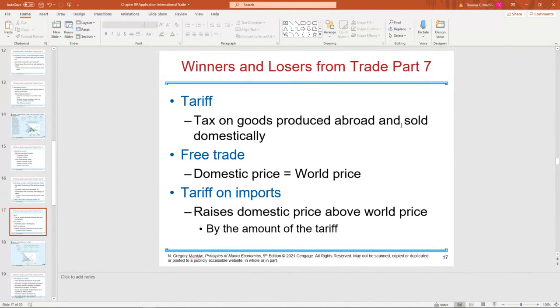A tariff is a tax on goods produced abroad and sold domestically. So things coming in. And that one protects American suppliers because it allows some more to participate in the marketplace. It also grants revenue to the government, but the loser is the consumer, and we also see the deadweight loss.